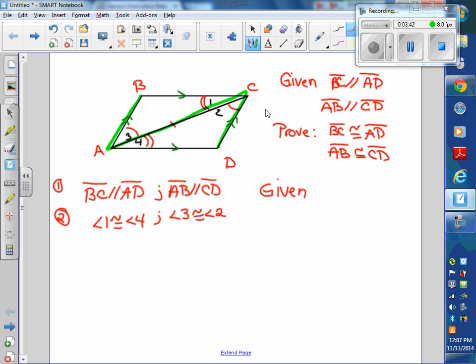So the normal sentence would be, if 2 lines are parallel, then the alternate interior angles, right.